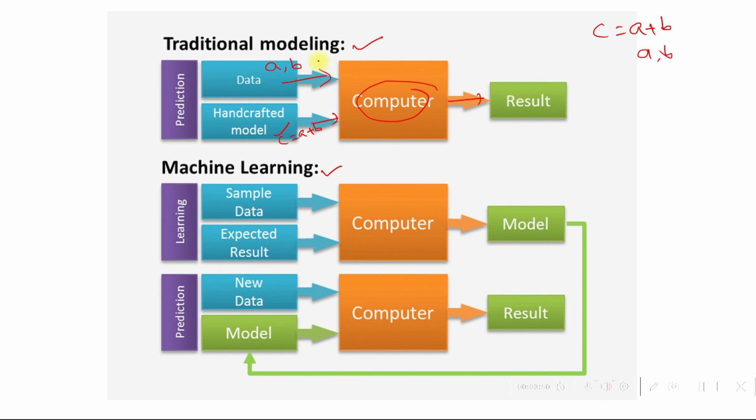Suppose we give A equal to 5 and B equal to 6, the model is executed and the result is given as 11 as output. So this is called traditional modeling.